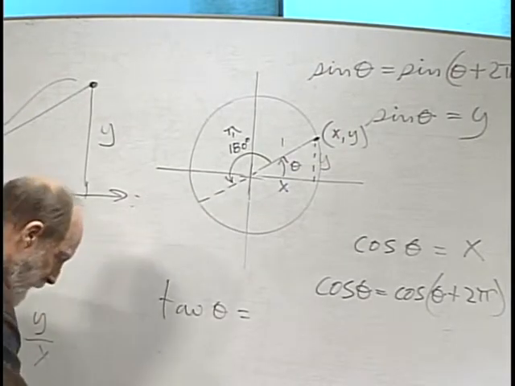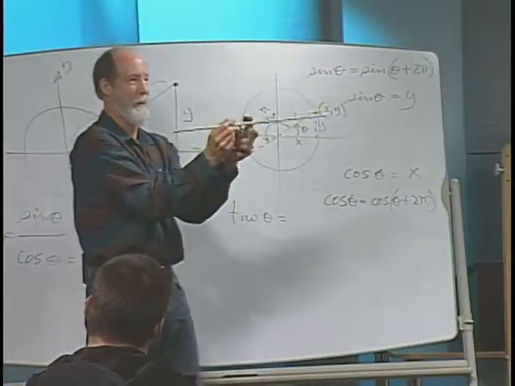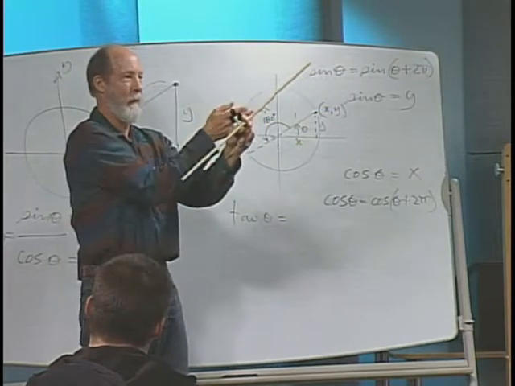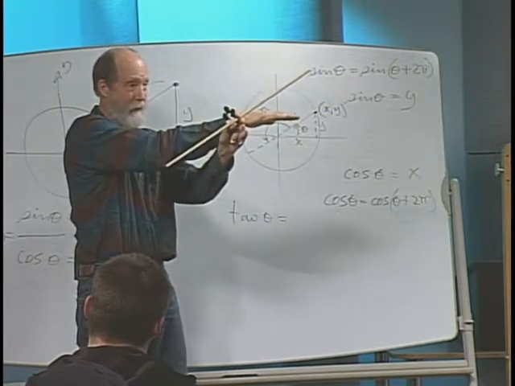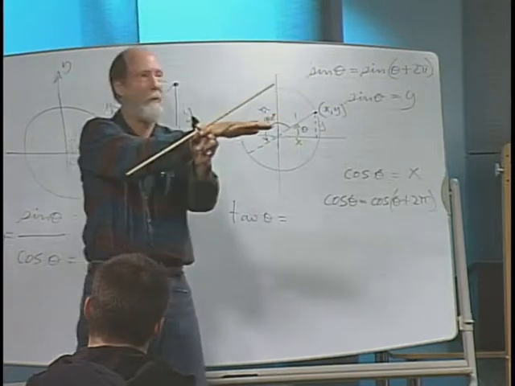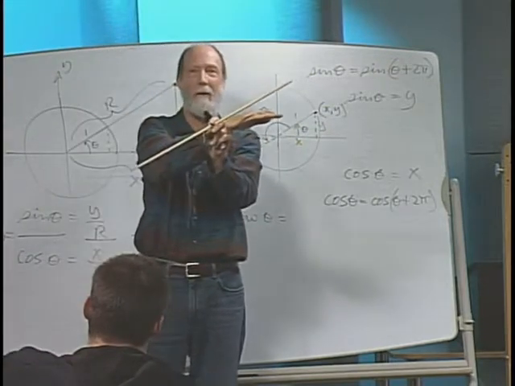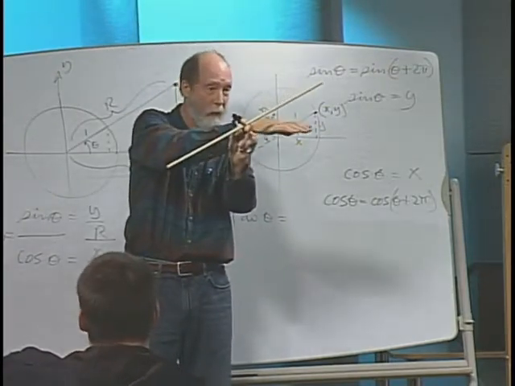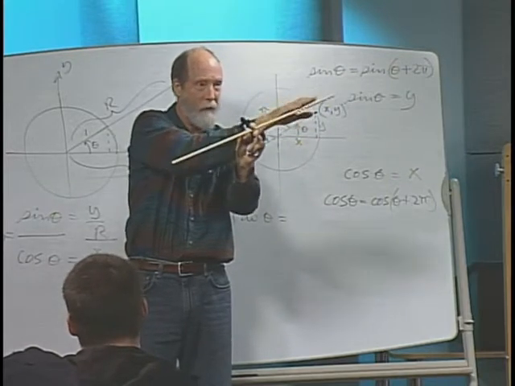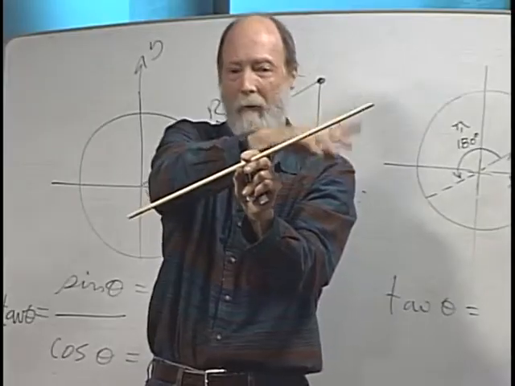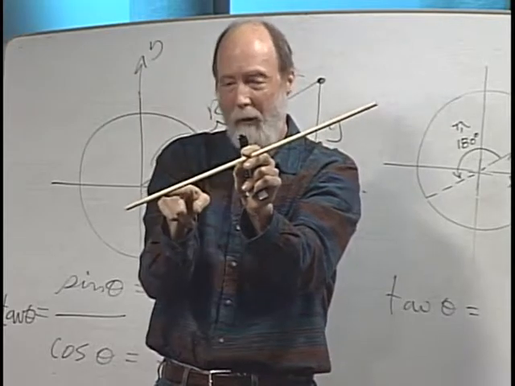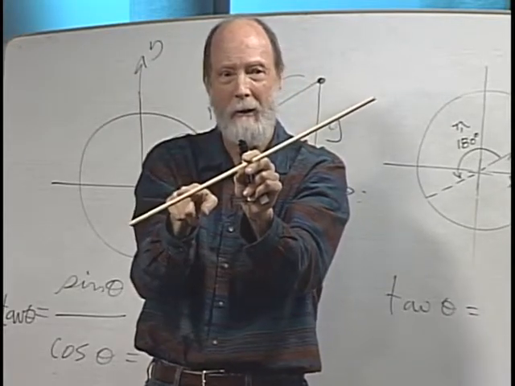So, I can take my stick and I can hold it in the middle here. Do you see that the tangent of this standard angle has a tangent reading, and that's the same as the tangent of this big angle here.